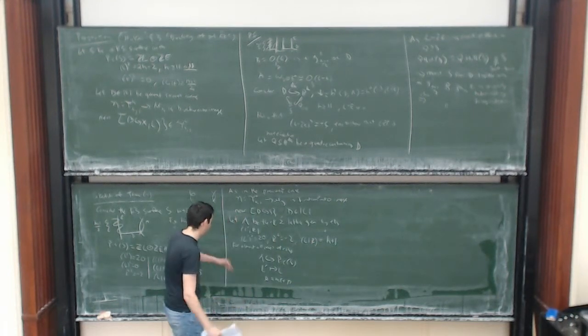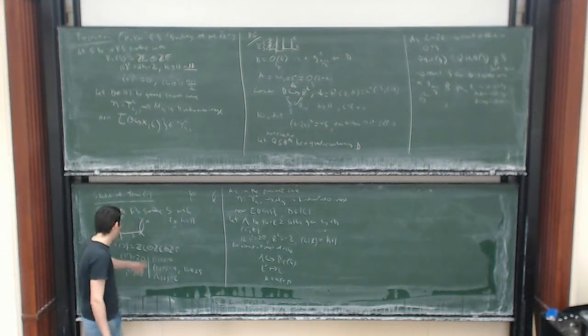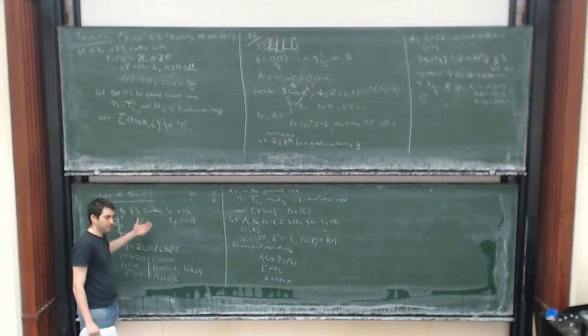So what we do is ME plus gamma is some class which squares to -2.